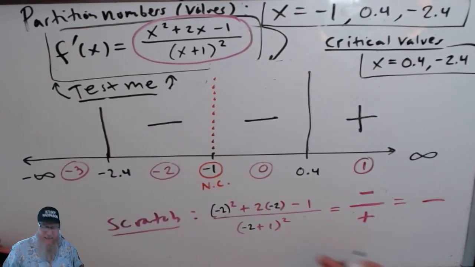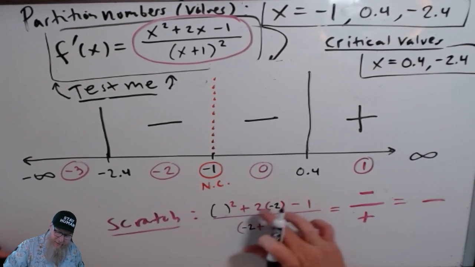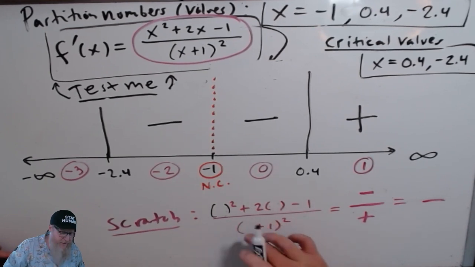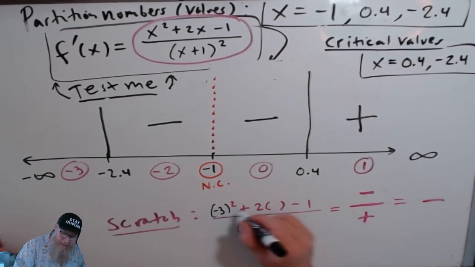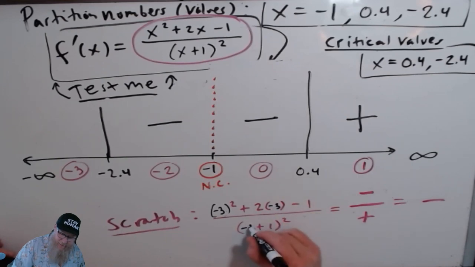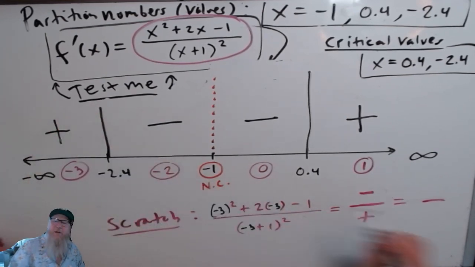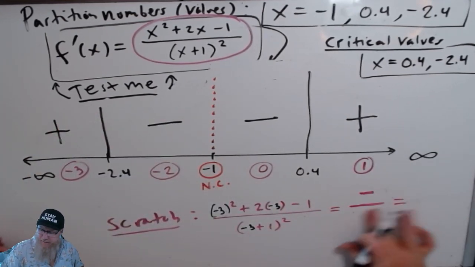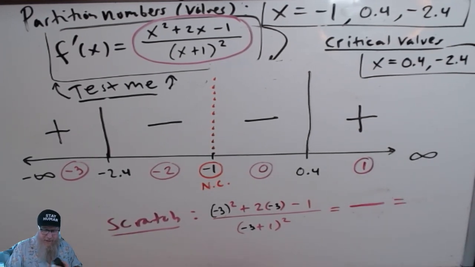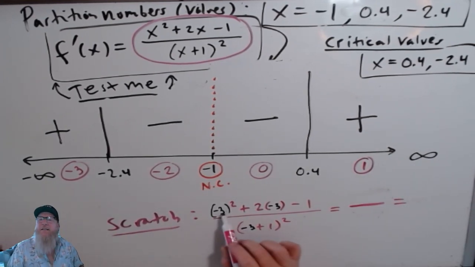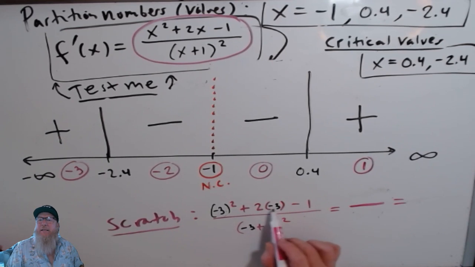All right. And then finally, my last one, negative 3. If you want to take a bet, I bet you it's positive. Let's see. Want to bet? Let's see. Negative 3 squared is 9. 2 times negative 3 is negative 6.